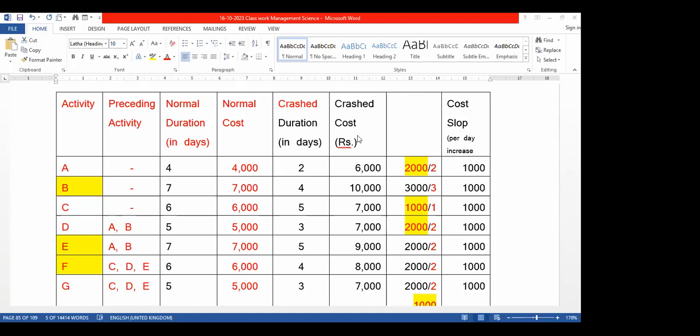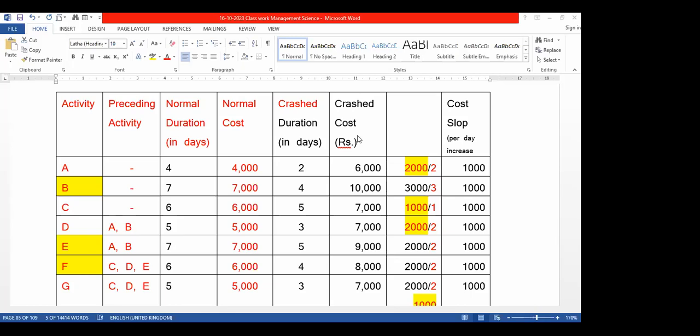Sometimes the project owners may negotiate, because they need something to be opened urgently. Some people may plan to open their building on New Year's Day, January 1st, 2024. Therefore, they have to complete the task quickly. So there is a need for crashing, reducing.